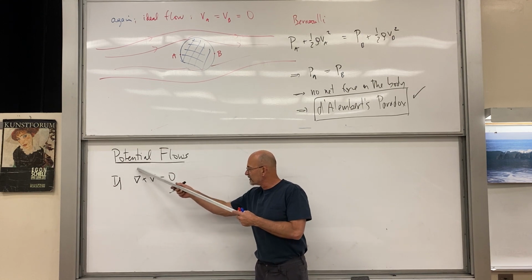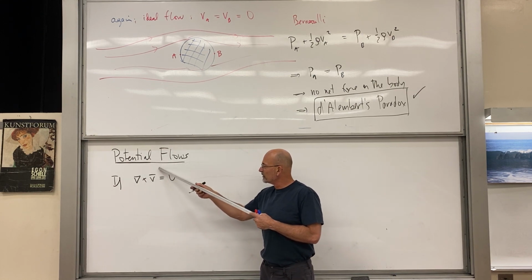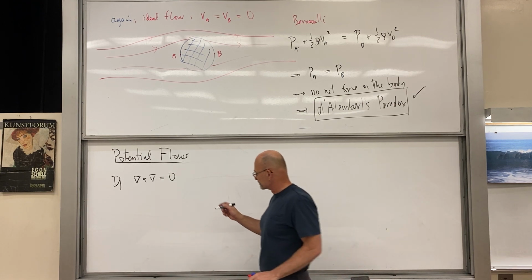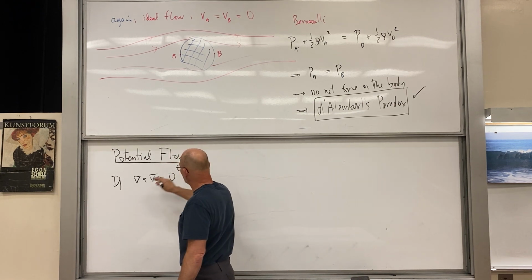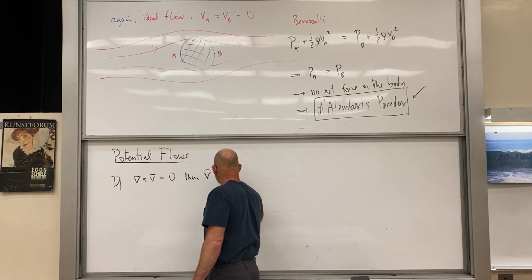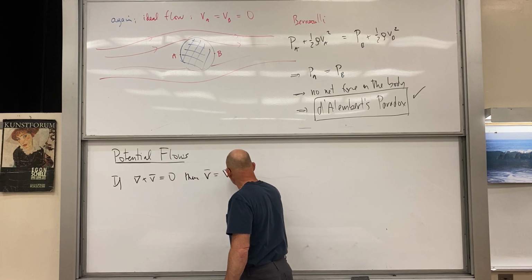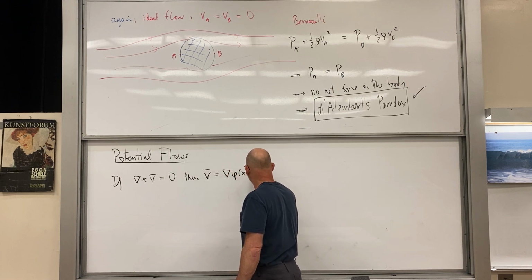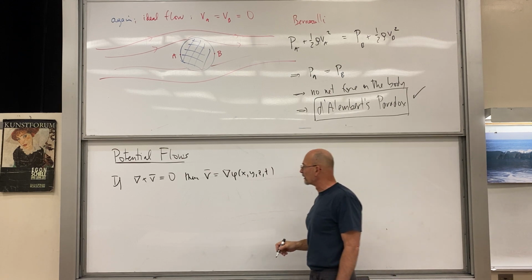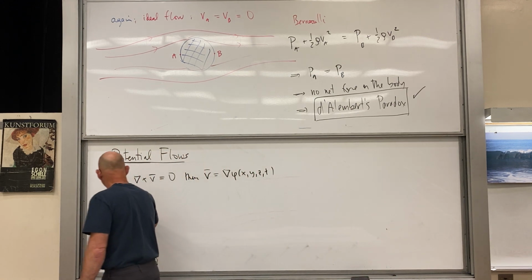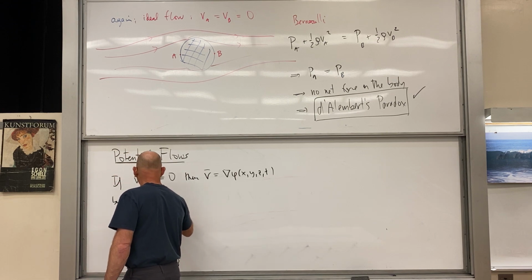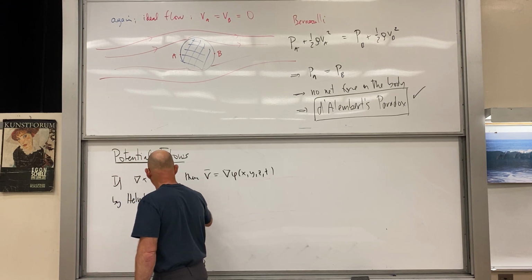The class of fluid flows where the curl vanishes are called potential flows, because then V can be expressed as the gradient of a potential. That's by the Helmholtz theorem.